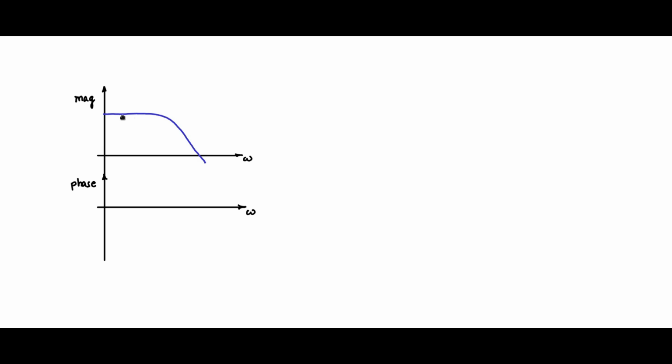Now consider a first order filter. A first order filter will have a magnitude versus omega plot, something like this. This slope is minus 20 dB per decade, and find out the 3 dB point below the flat portion of the magnitude curve. That is 3 dB below the magnitude at omega which is DC.